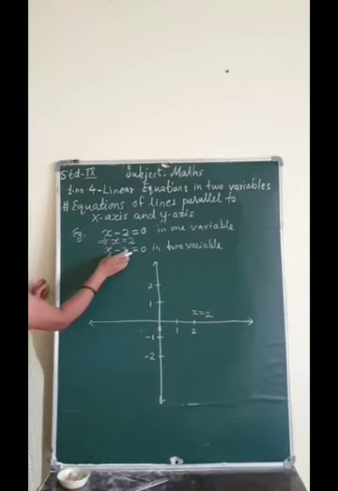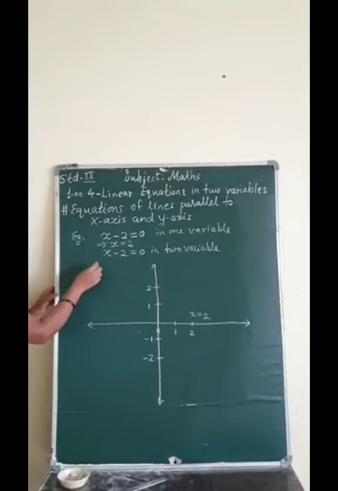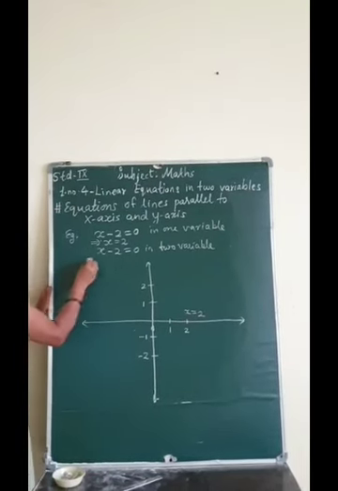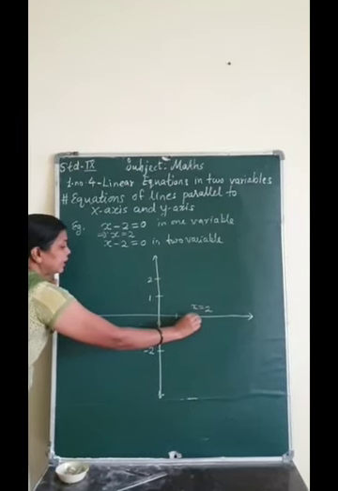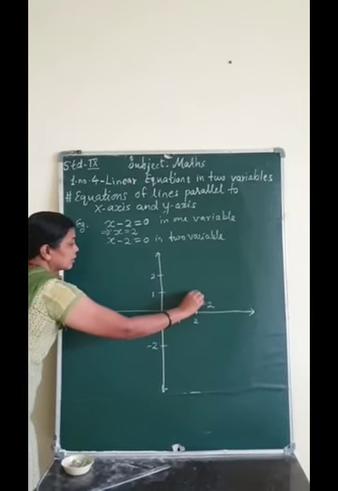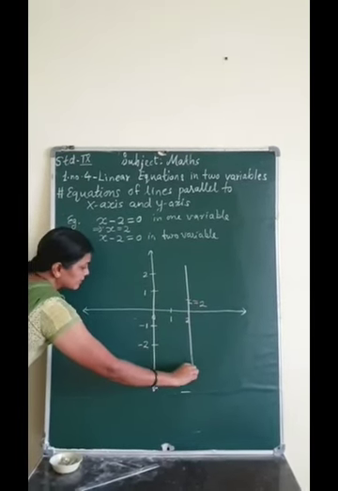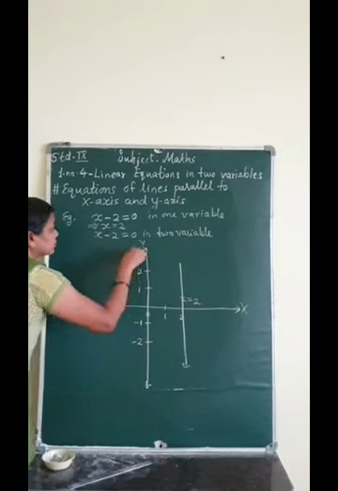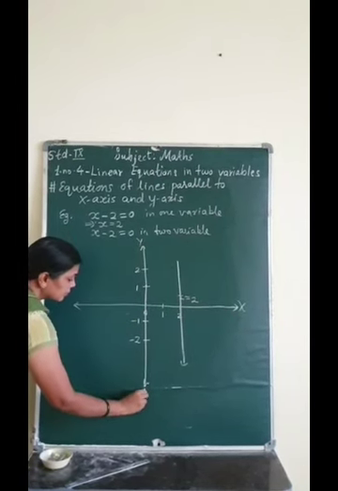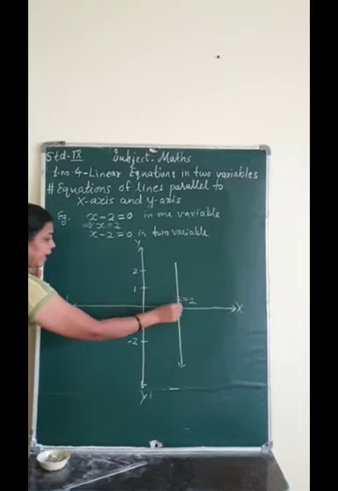Now, when we are representing this equation, x is fixed, x is 2. So the line which we get here is a line parallel to the y-axis.